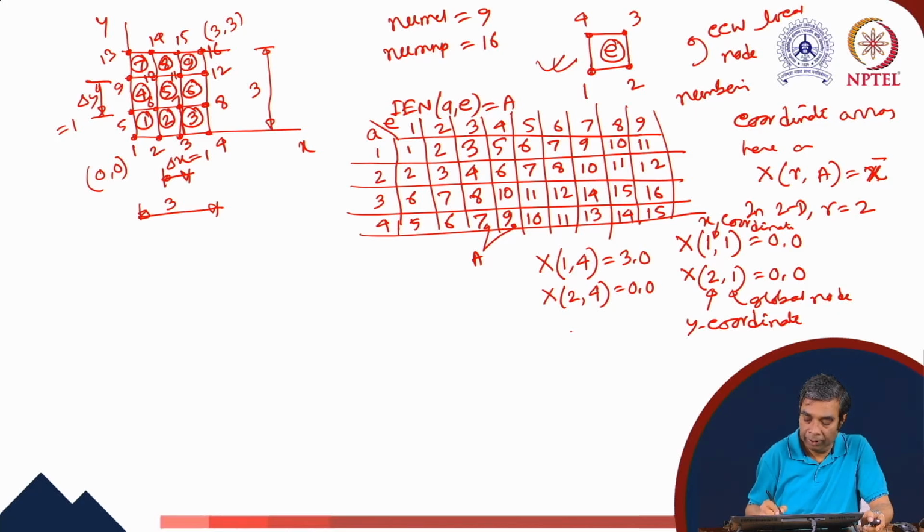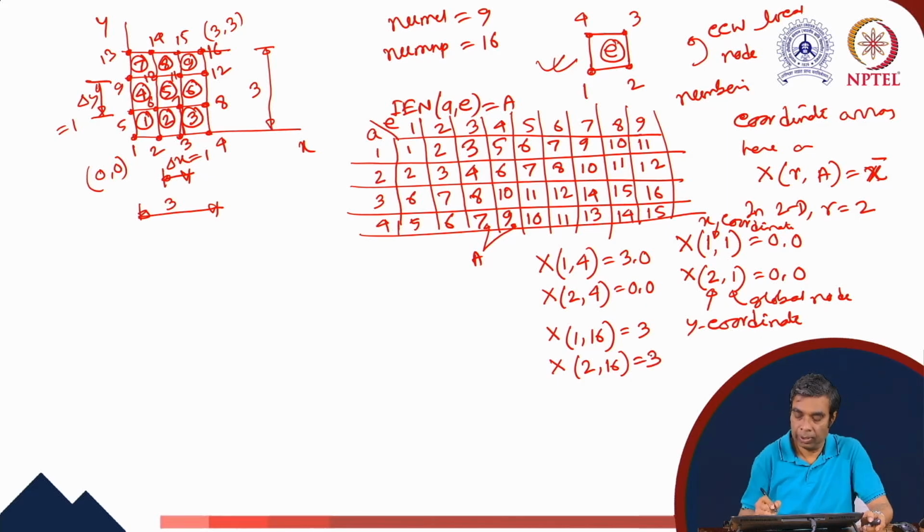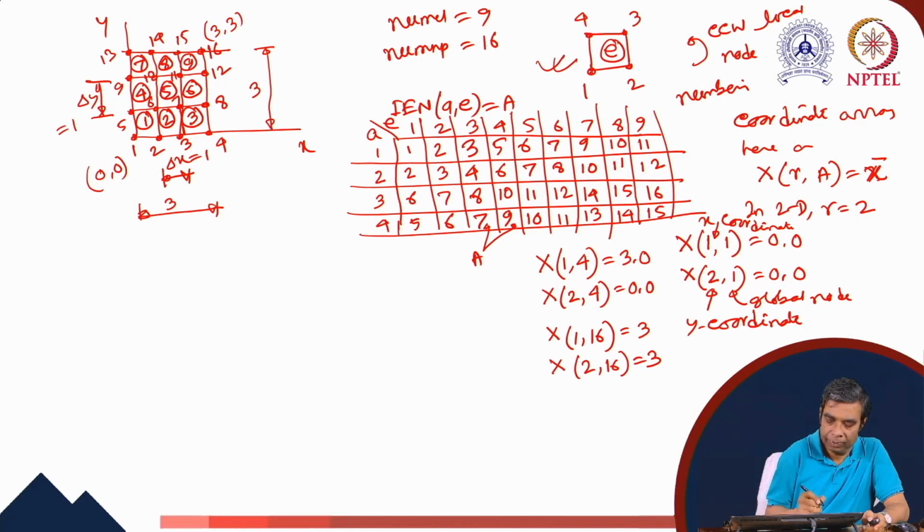Similarly, for the 16th global node, our x coordinate is 3 and our y coordinate is 3. Like this, we can construct the coordinate array, and then we can present the coordinate array and the IEN array in a data file, and we can get the mesh picture after plotting.